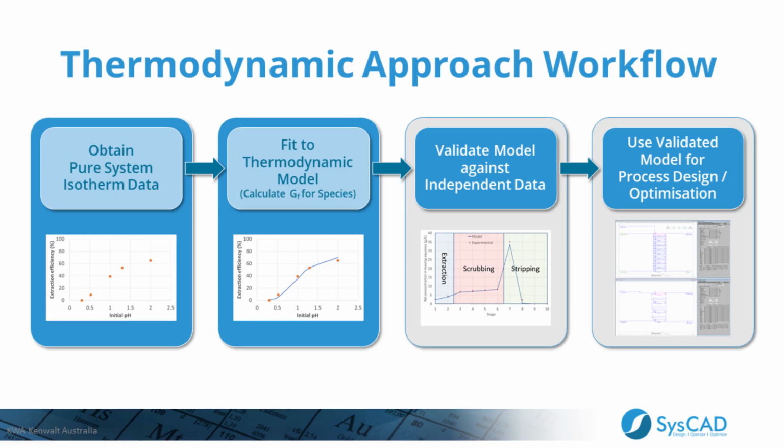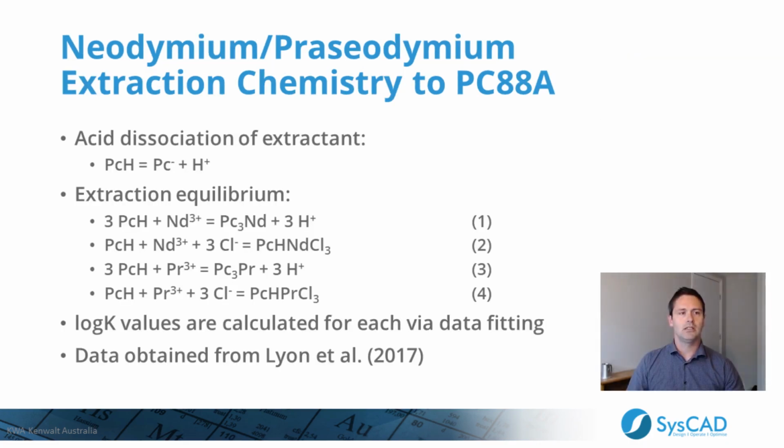So where we are right now, we're going to start at the beginning. We're going to use some pure system isotherm data available from the Lyon et al. publication, and then we're going to fit it to a thermodynamic model using the FreakC Pitzer model. So the neodymium praseodymium extraction chemistry is here.